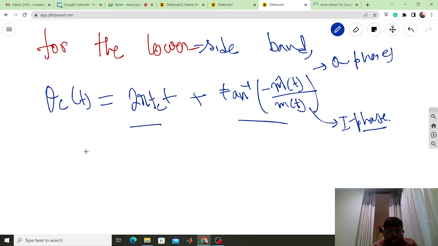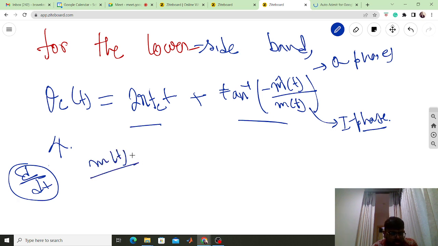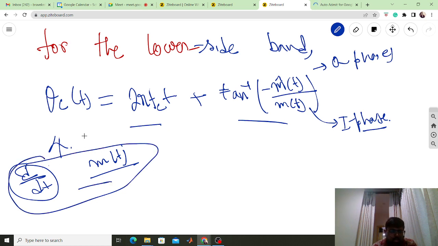How we get it is by differentiating with respect to t, just writing in short form, d/dt over m(t). So this is the thing that is happening.